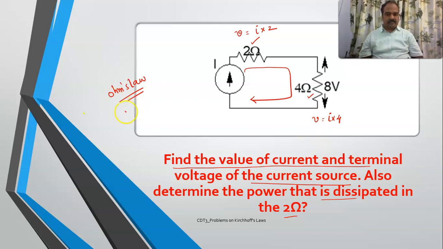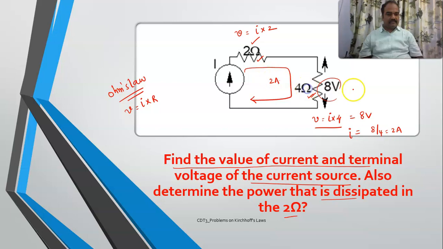Right, because Ohm's law states that potential drop is equal to I into R. But they have mentioned that this is equal to 8 volts, isn't it? So in that case, what is the value of I? It is 8 by 4, it is going to be 2 amperes. So the current flowing in the circuit is 2 amperes.